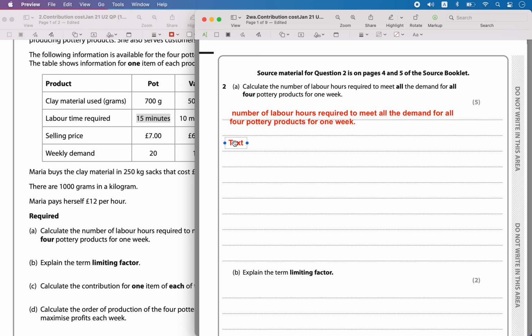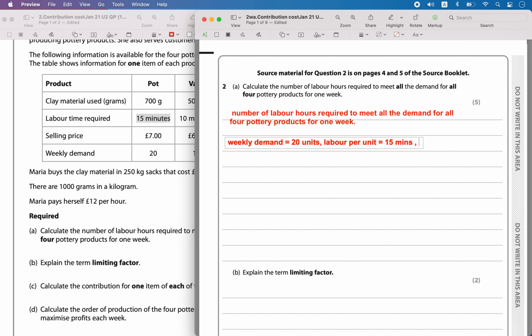Here the weekly demand is equal to 20 units, and the labor time required per unit is 15 minutes.